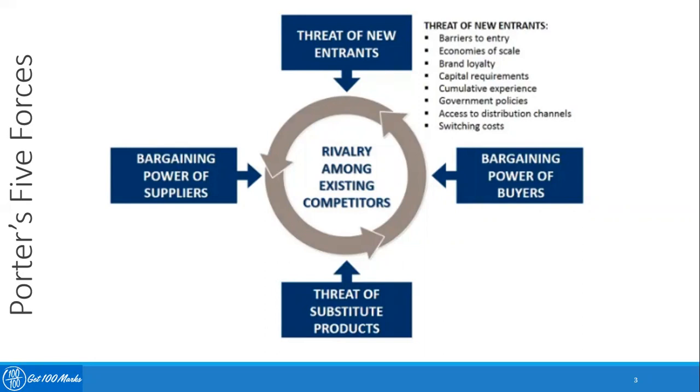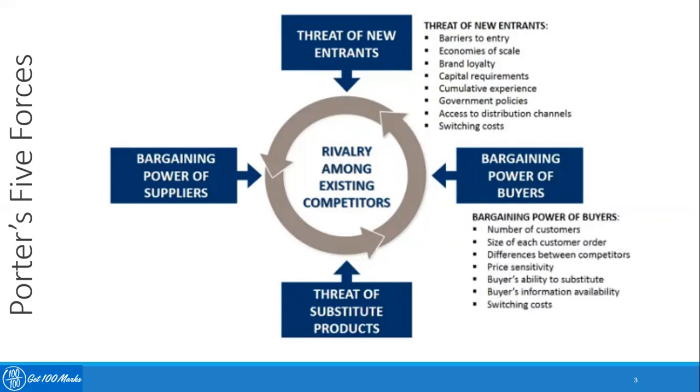Though I have just described only one factor, one has to consider all the factors, take them into consideration before deciding on the full threat of the new entrants. Similarly, the bargaining power of buyers. The bargaining power of buyers depends on factors such as number of customers, size of each customer order, differences between competitors, price sensitivity, buyers' ability to substitute, buyers' information availability, and switching costs.